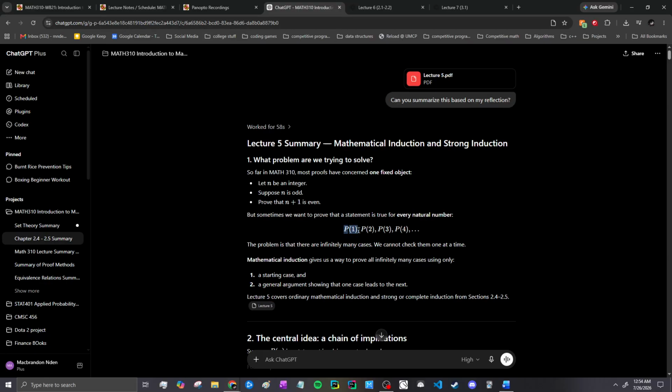There are some elements we use like the predicate. Here, as it says, the problem we're trying to solve is that induction gives us a way to prove infinitely many cases, trying to prove it for all.